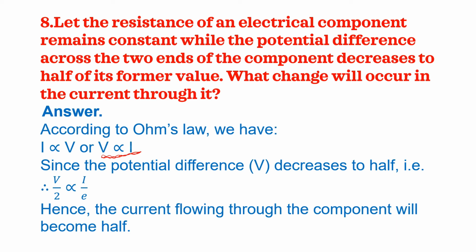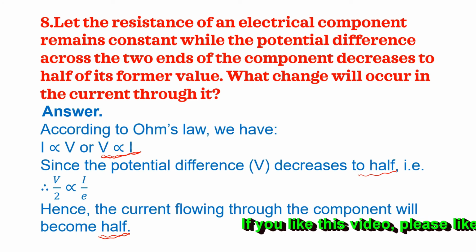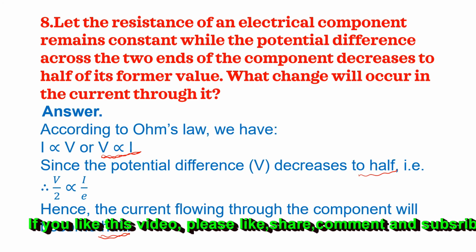So V is directly proportional to I. Since the potential difference V decreases to half, V by 2 is proportional to I by 2. Hence the current flowing through the component will become half. When the potential difference decreases, the current also decreases, because these two are directly proportional.